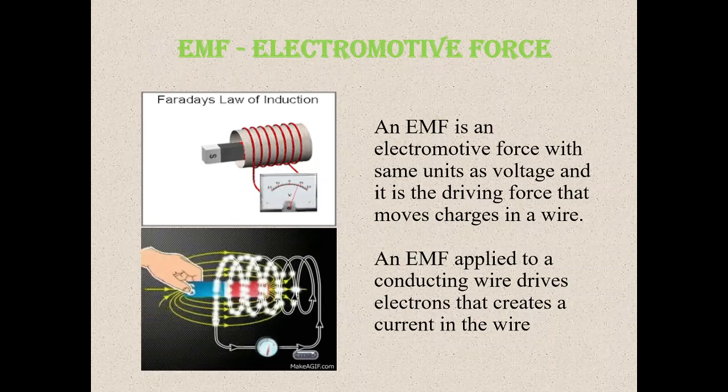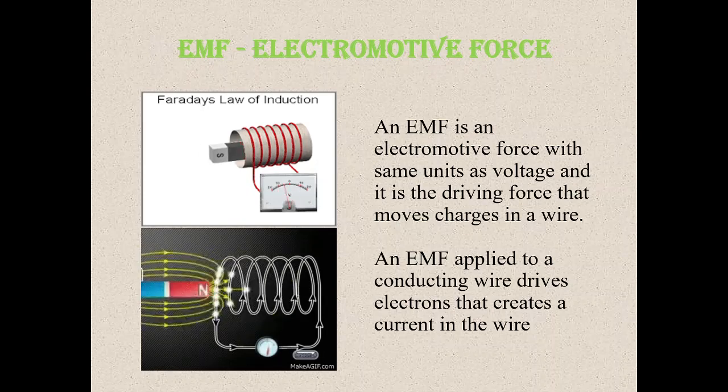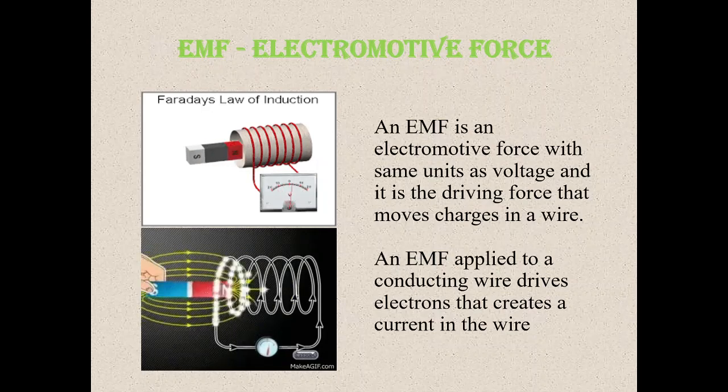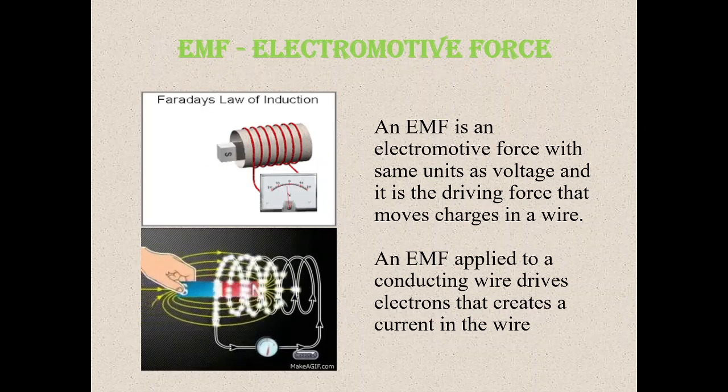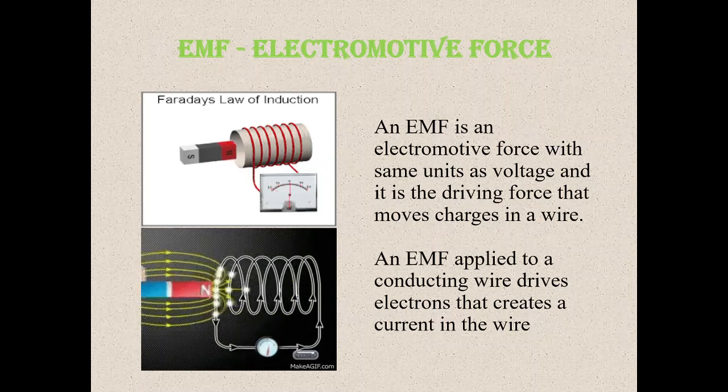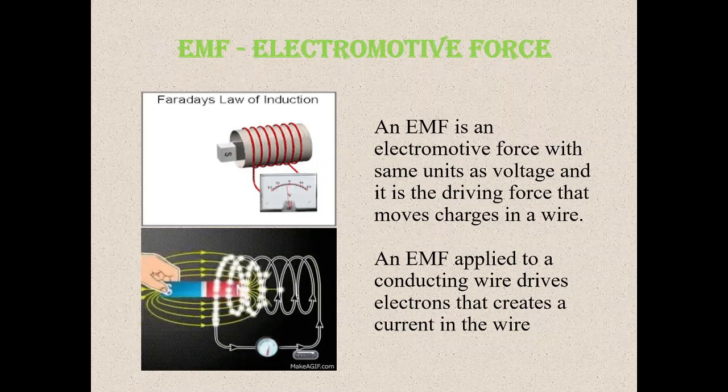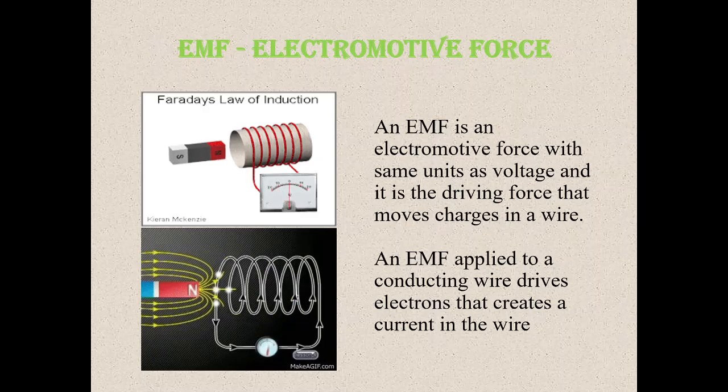An EMF applied to a conducting wire drives electrons that create a current in the wire. This statement can be very well explained in the following figure. Here you can observe what is actually happening.